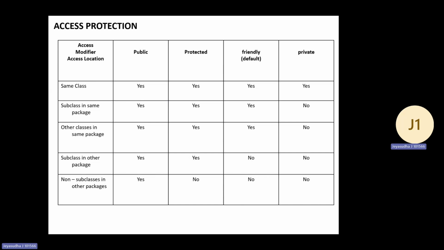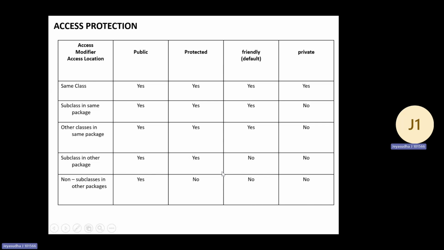If it is inside the same class, no problem at all. All values can be used. But if it is inherited in the same package, you cannot access the private one. The same goes if you use it in another class in the same package; we cannot access the private one. If the first package is used in a different package, there comes inheritance.